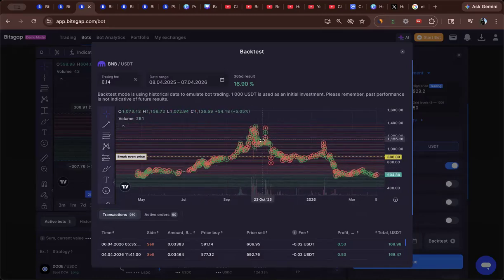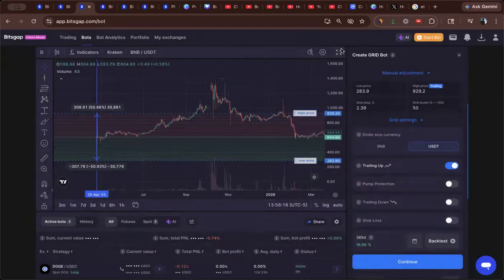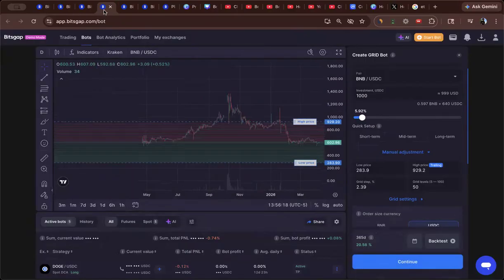So you can see the grid bots do a really good job of taking advantage of these illiquid wicks. And that's why I was looking at the volume at first and mistakenly thought USDT was lower volume, but USDC is actually lower volume.